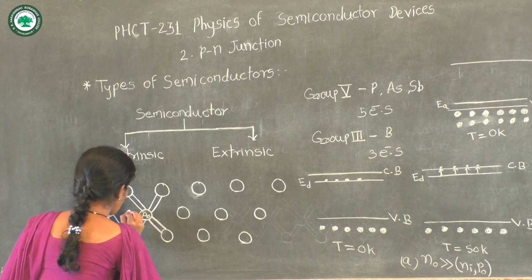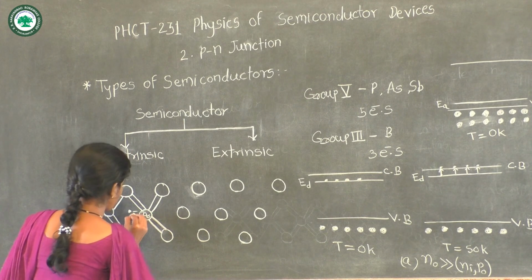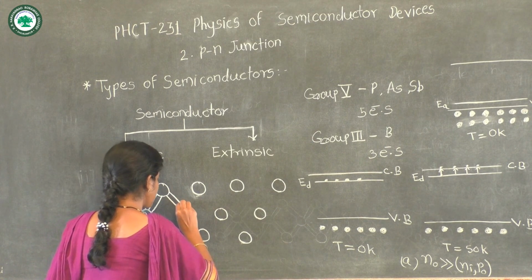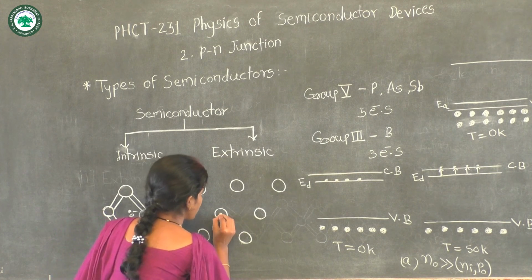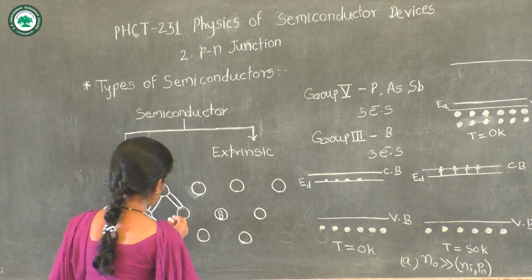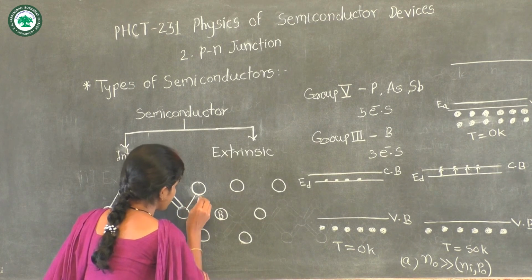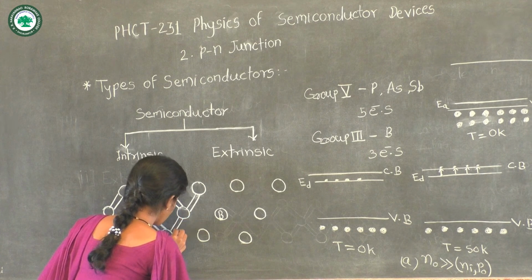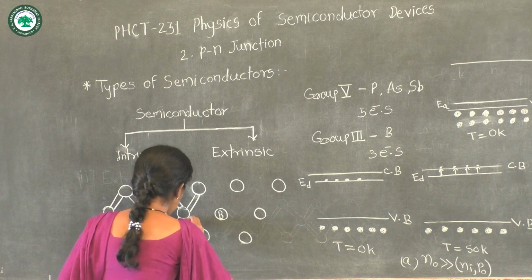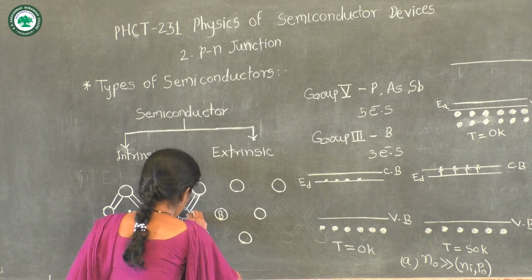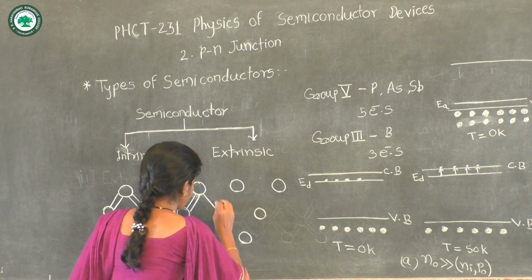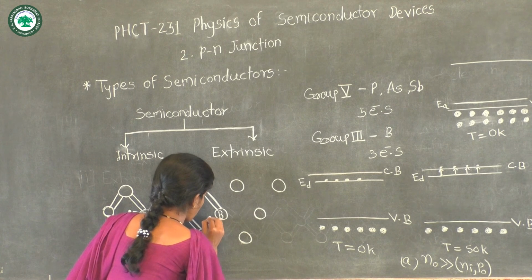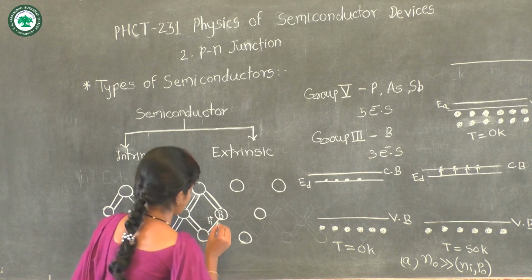So one extra electron remains free when group 5 impurity is introduced to the pure semiconductor, and if boron is introduced to the pure semiconductor, that is, the group 3 impurity having 3 electrons in its outermost shell, then one hole is created.